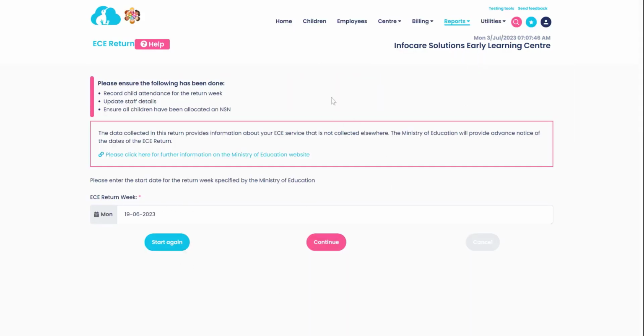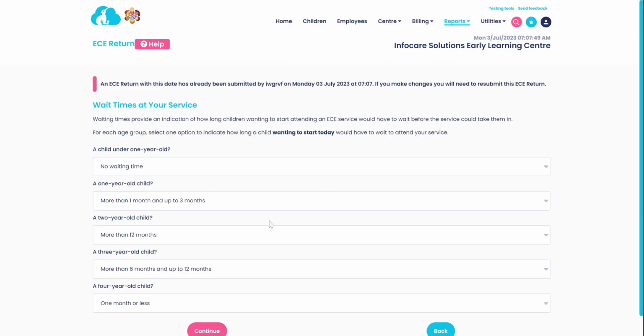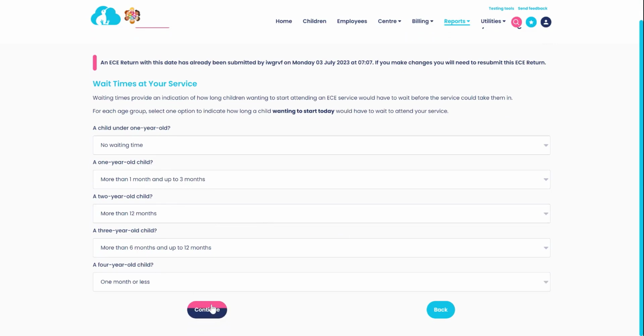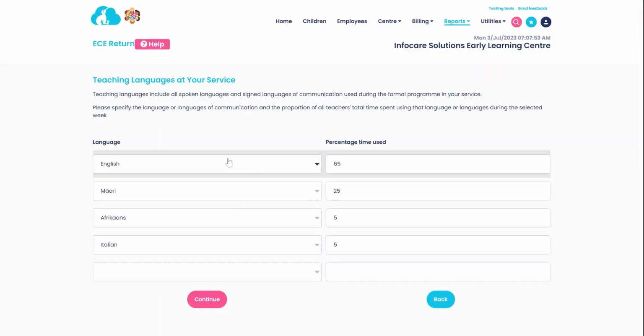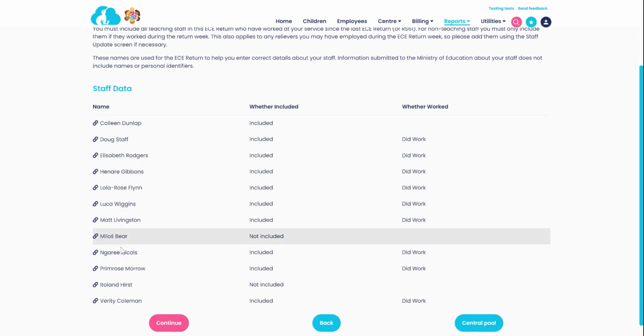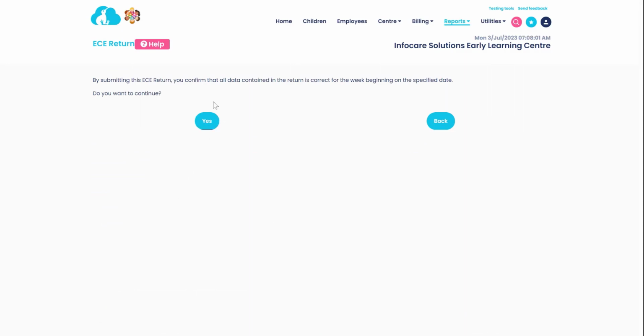And because you have already populated all of the questions, even though we have submitted, we can click continue and you can then proceed and change the answer that potentially you had incorrect in your first submission, make any changes in here and complete it by clicking continue and resubmitting your ECE return.